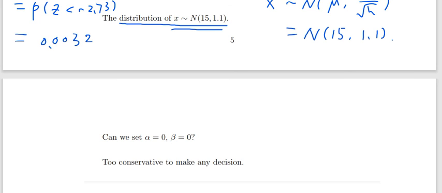Just like for confidence interval, right? If the confidence level is 100%, if we want to make a decision without any mistake, then our conclusion is useless.